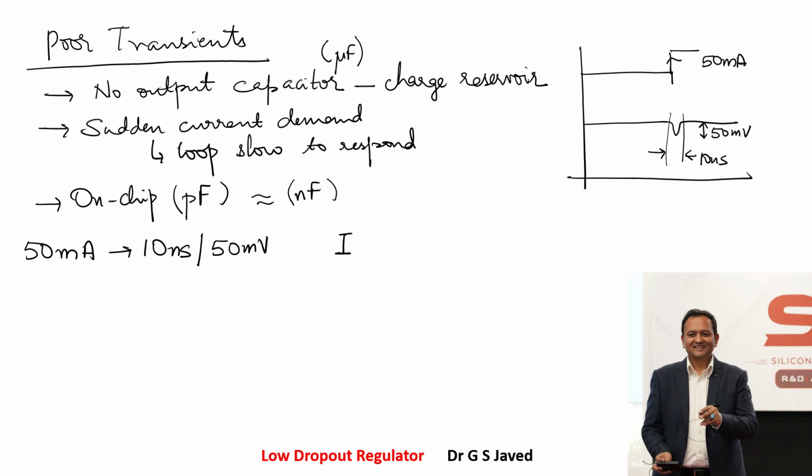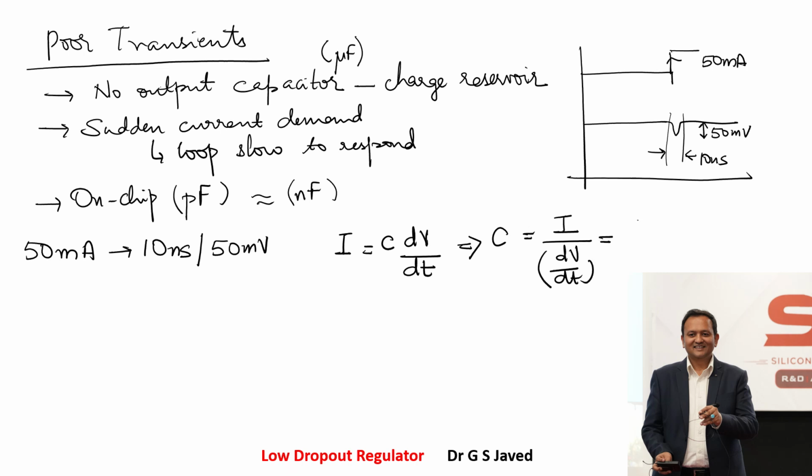It says I is C dV by dt. So instantaneous change of voltage over time will give you the value. So if you find out what is the capacitance requirement and you fill in the values, you see the value.